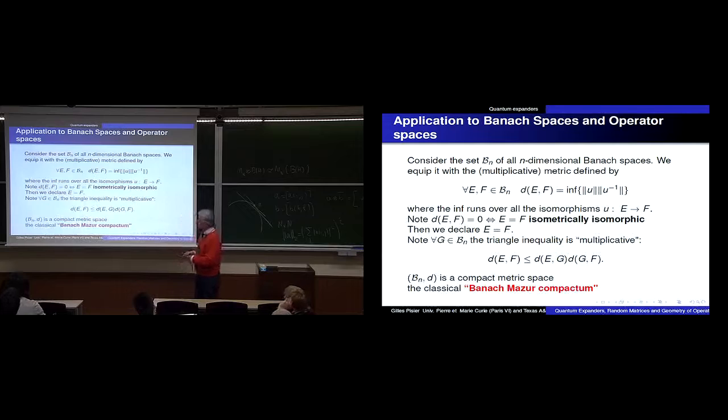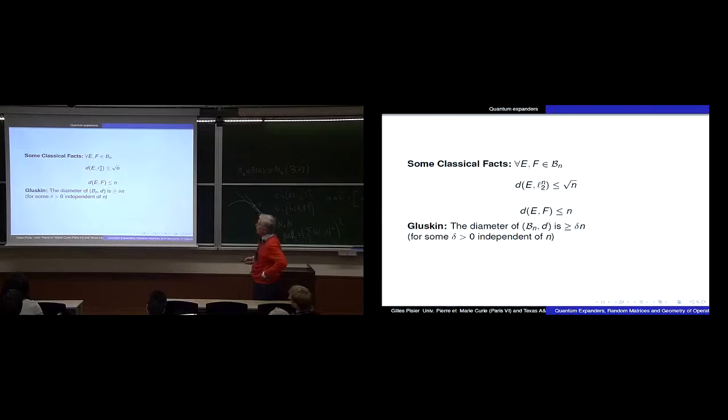So modulo the obvious identification of two spaces that are isometric to make this space Hausdorff, you have a nice compact metric space. And it's well known, that's a result of Fritz John, that it has a center, which is the Euclidean space with radius square root of n, and it has diameter n.